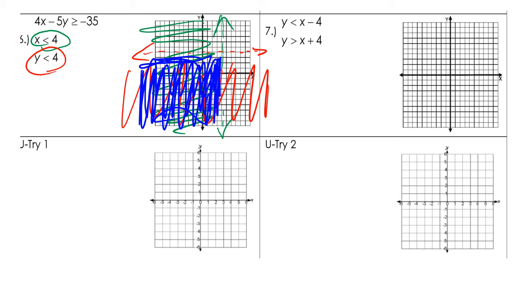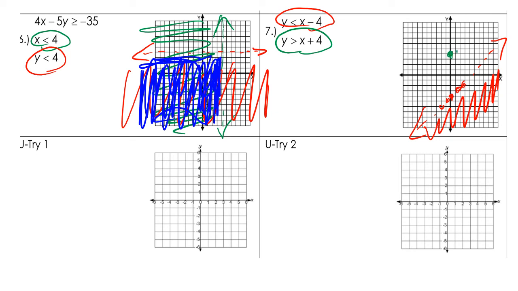Y is less than x minus 4. There's the line, and then I'm coloring underneath. Y is greater than x plus 4. 2, 3, 4.